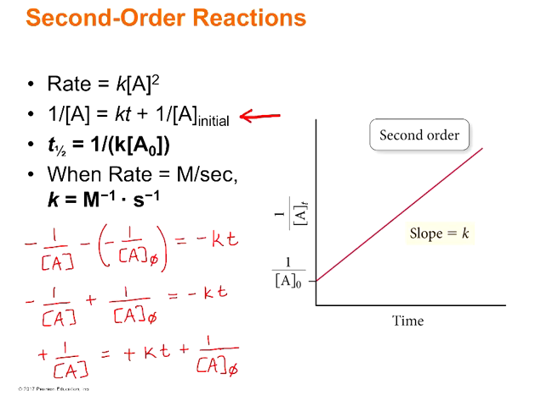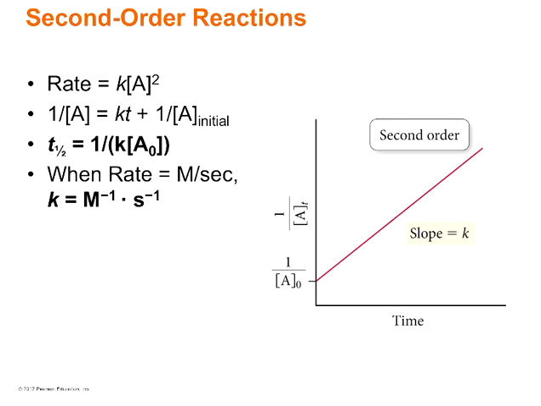Okay, so now let's derive the half-life expression. So again, if we rewrite the integrated rate law, we can substitute in the concentration of A at the half-life point.